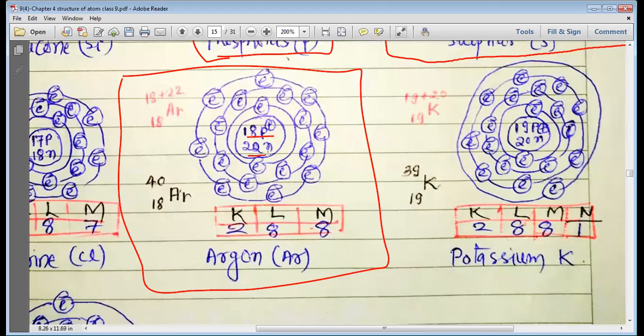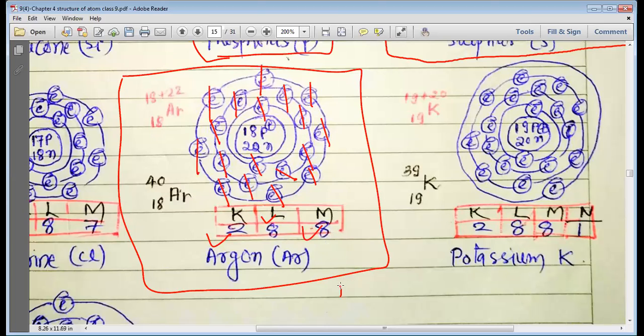In the nucleus of argon we have 22 neutron, and around the nucleus, if we can count, we will find that there are total 18 electrons. You can see 1, 2, so there are 2 in K shell, then 1, 2, 3, 4, 5, 6, 7 and 8, 8 into the L shell, and then again 1, 2, 3, 4, 5, 6, 7 and 8 electrons again present into the M shell.